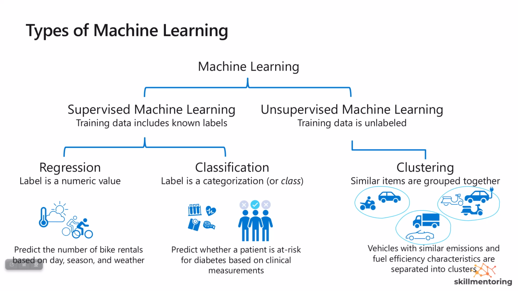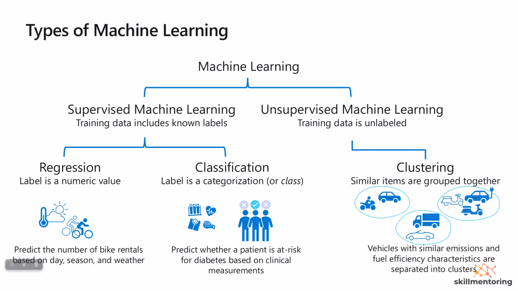In unsupervised learning, the training data is unlabeled. That means we will not train the model with data which already has the outcome or the label. The algorithm or the method that is used is called clustering. Clustering is nothing but when we group similar items together.